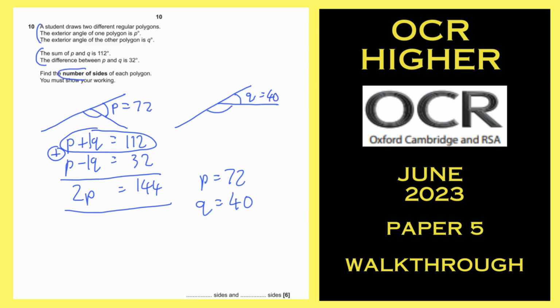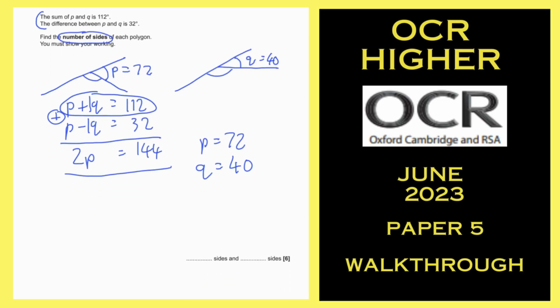Find the number of sides, they've put it in bold. Find the number of sides of each polygon. That formula: the number of sides is equal to 360 divided by the angle. And the number of sides for the other one is 360 divided by the angle.